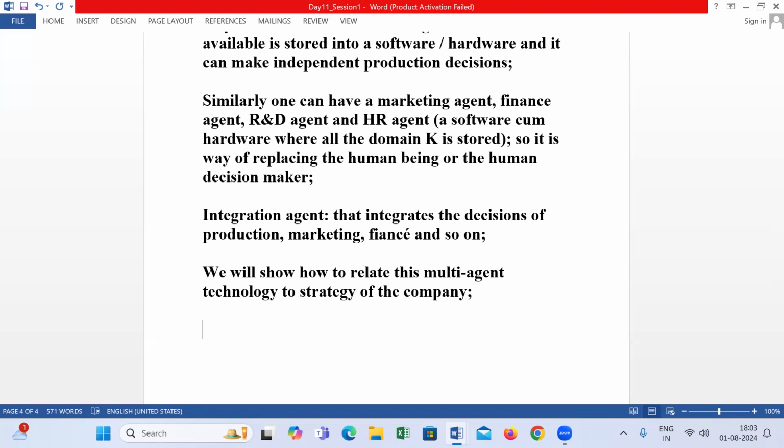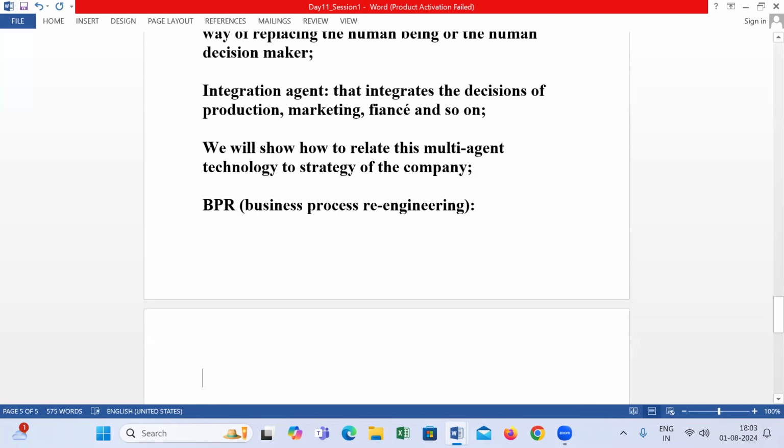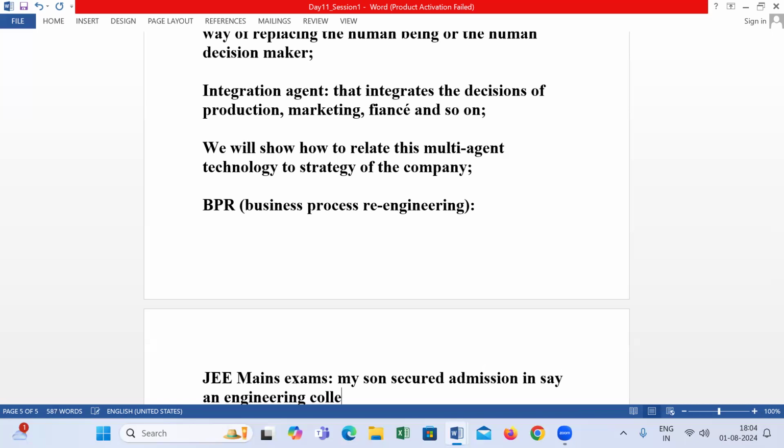And then we have BPR, which is known as business process re-engineering. I will give a small example. In JEE Mains exams, my son secured admission in, say, an engineering college in Kerala.